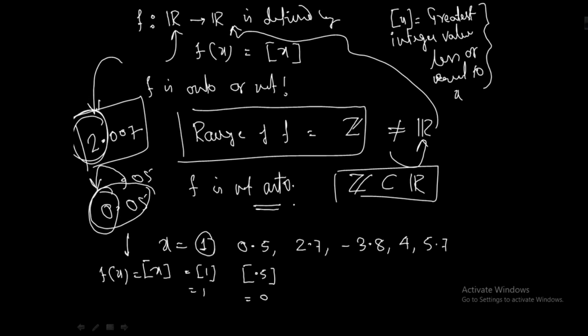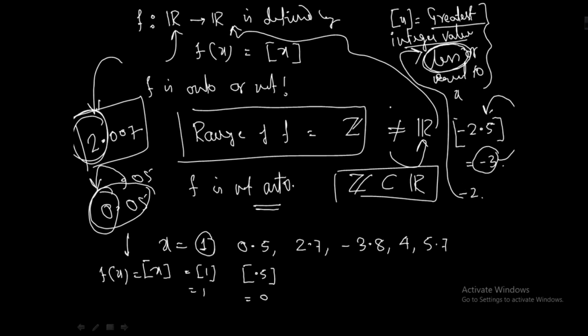For a negative real number, what will be the scenario? If you choose -2.5, then its box value will be -3, because according to the definition, it is the greatest integer value less than or equal to x. So -3 is less than -2.5. You cannot write -2 because it will contradict the definition.